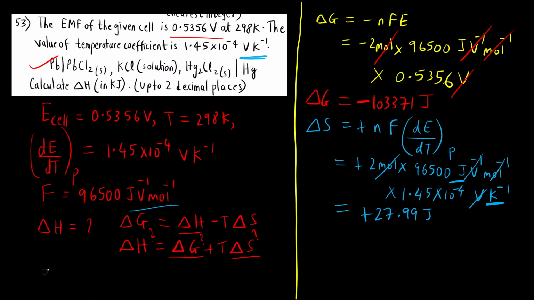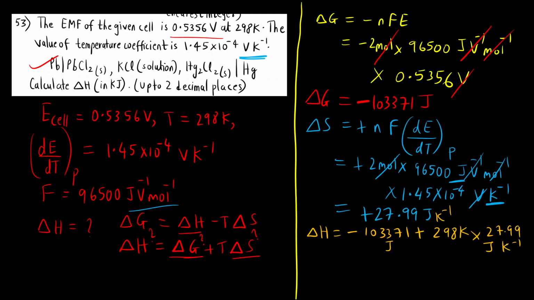Now we can substitute and get the value of delta H. Delta H is delta G, minus 103371 joule, plus temperature 298 Kelvin into 27.99 joule per Kelvin.